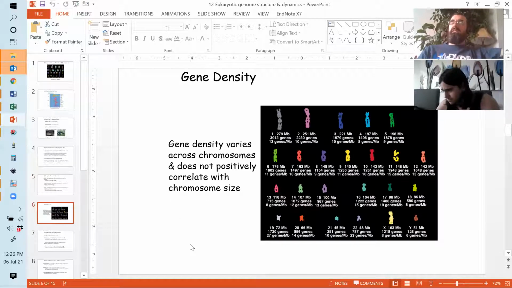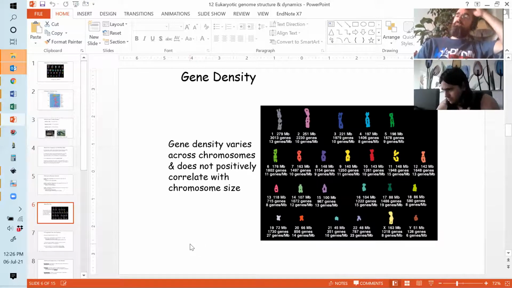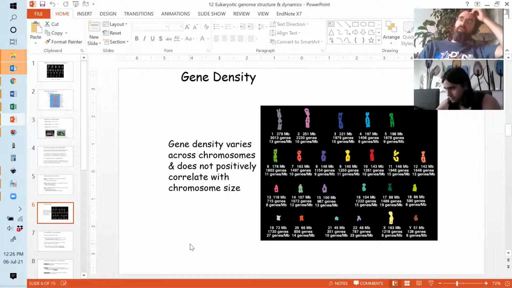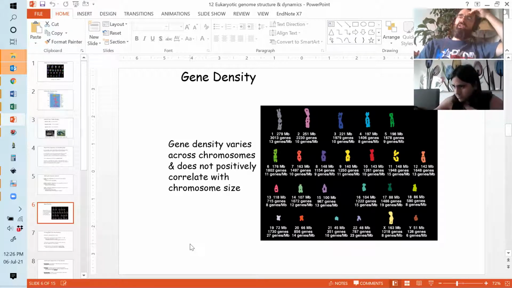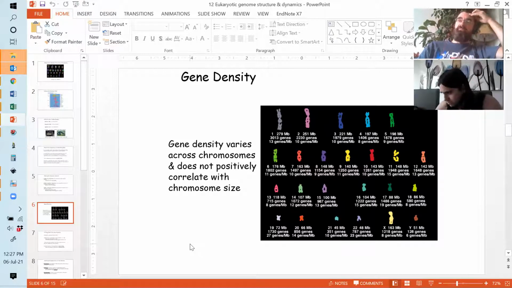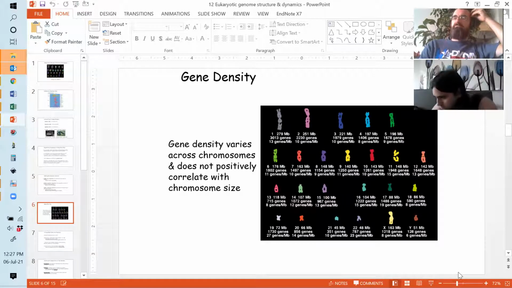And so another thing that is kind of curious, and in some way I presume represents the evolutionary history of these genomes, is that chromosomes are not equal in terms of gene density. So you can have chromosomes which have as low as single-digit genes per megabase, per million bases.